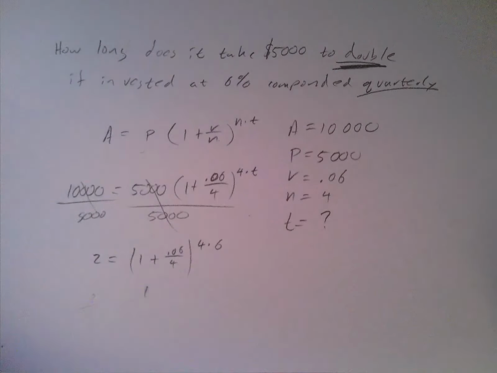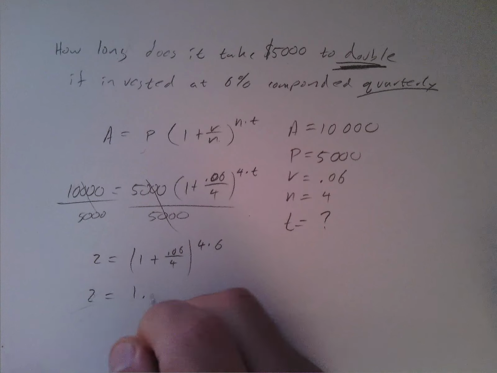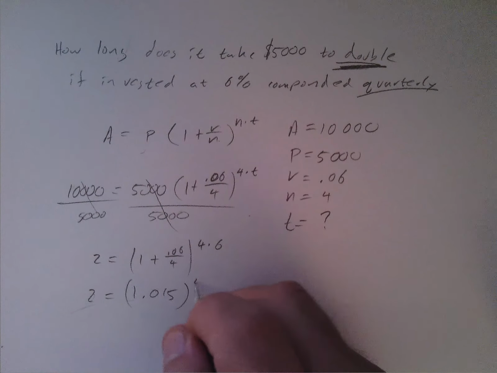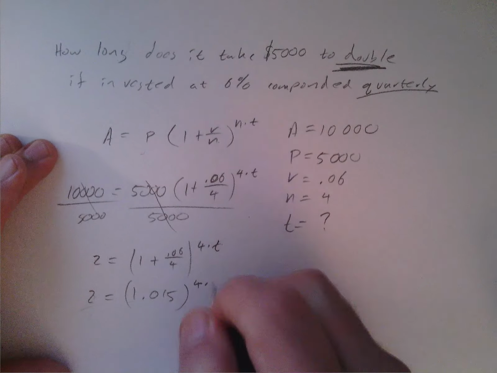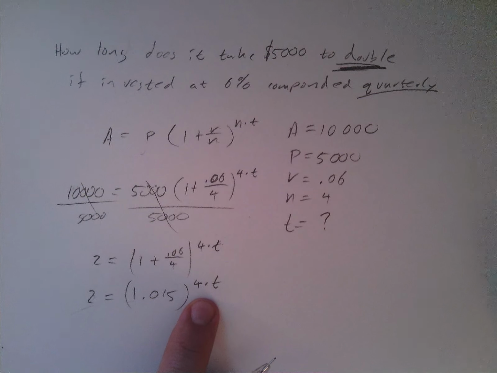So now we have 2 is equal to 1.015, because I added it to 1, to the 4 times t. So now, I have my variable up here as an exponent.